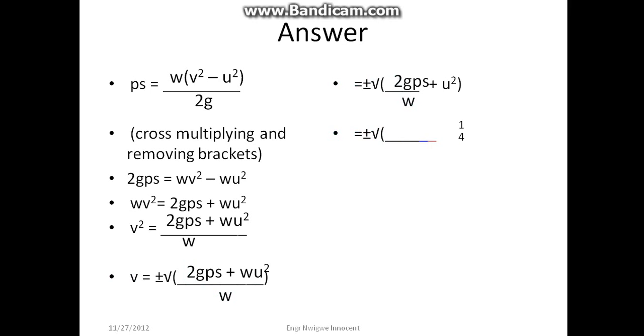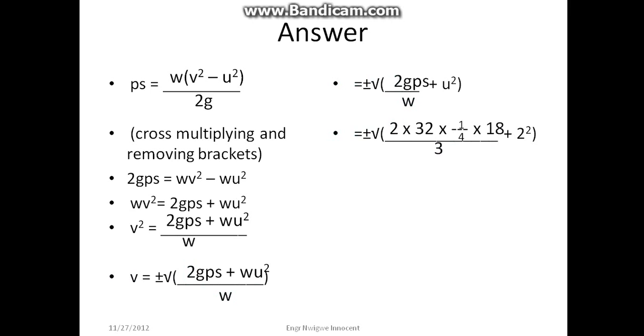Then we now substitute the values so that we now have plus minus square root of 2 times g, which is 32, plus our p is 1 over 4 times our s is 18, plus our u is 2 squared, all over w, which is 3.